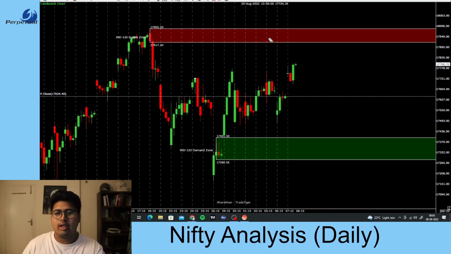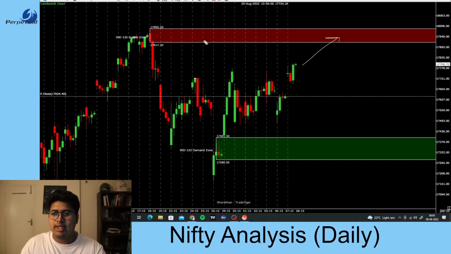It already has quite a lot of strength only because it's fresh, it's not been tested, and also it has a very good placement. And the market trend is also in such a way that it is going to come into this zone, and this zone is going to act as a resistance, right?